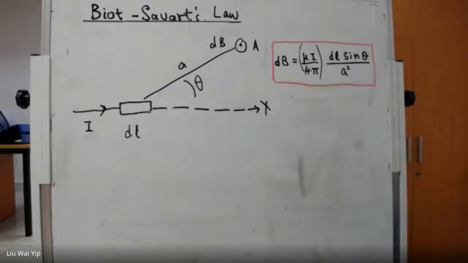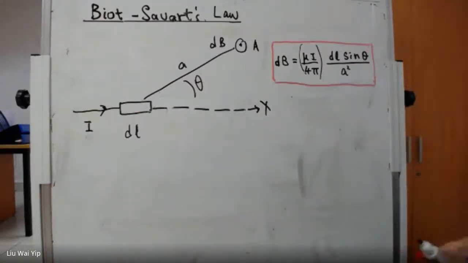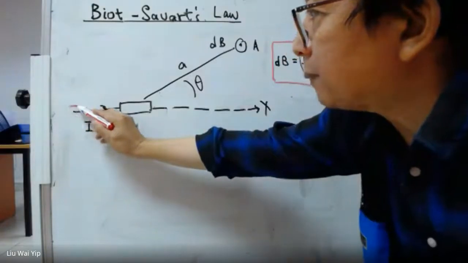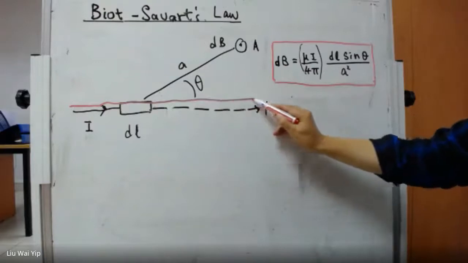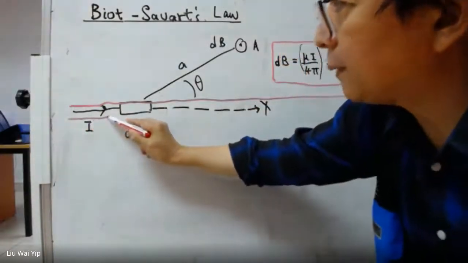So today we are going to use this formula to analyze another experimental setup. Instead of having just a delta L, we are going to have a long length of wire, running from minus infinity to plus infinity. So this is your wire.